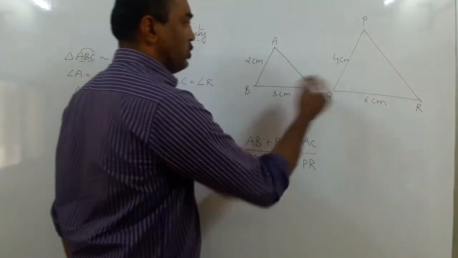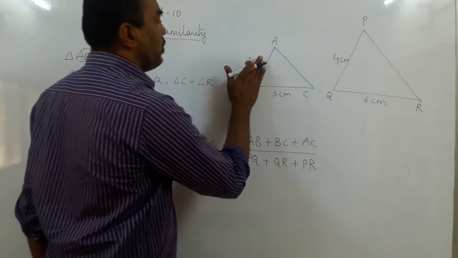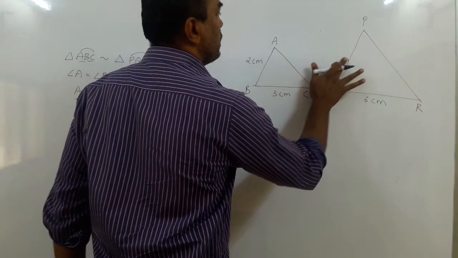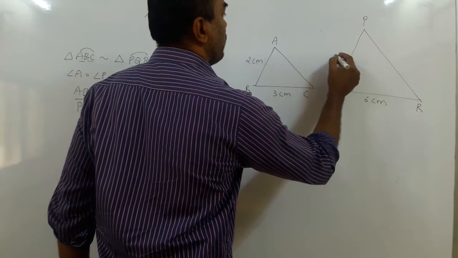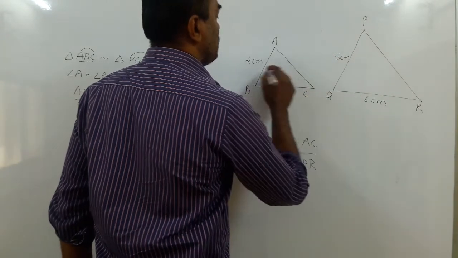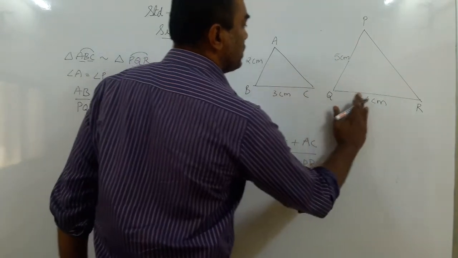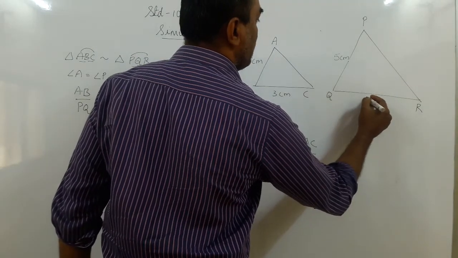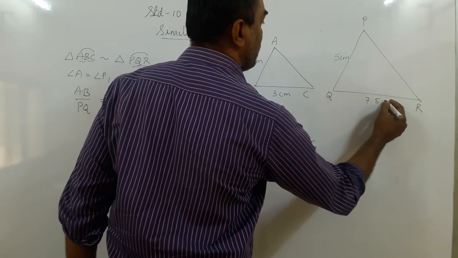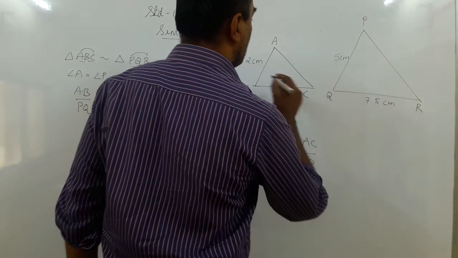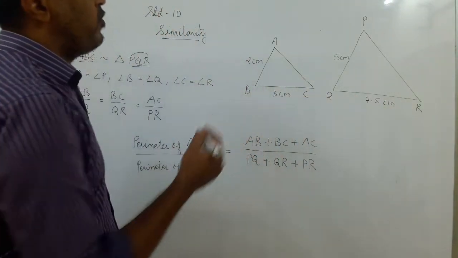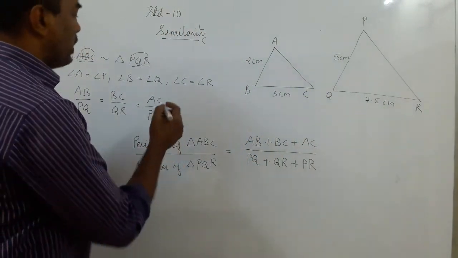This is twice the ratio, 2 times. Or we can say this is 2 and this is 5, so this is 2.5 times. So this is 3, so this will be 7.5, right? So this ratio is 2.5 times. So the ratio can be anything.